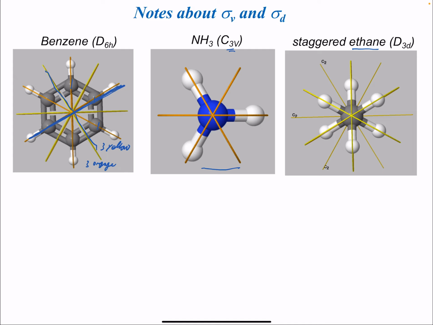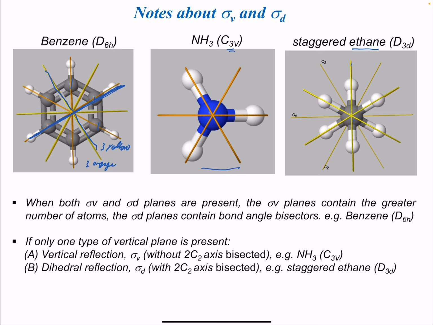Same thing here. For the ammonia molecule, you only have 3 sigma v planes. And if you look at the staggered ethane molecule, you can have the orange, these 3 yellow planes there.